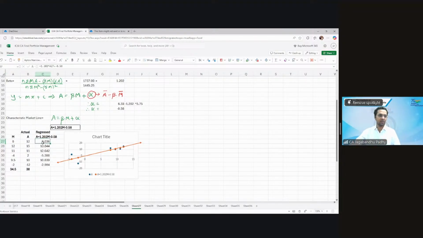The actual returns and the regression returns are different numbers. Since they are different numbers, there is some sort of error that we are getting, right?